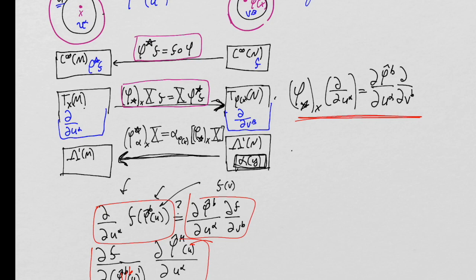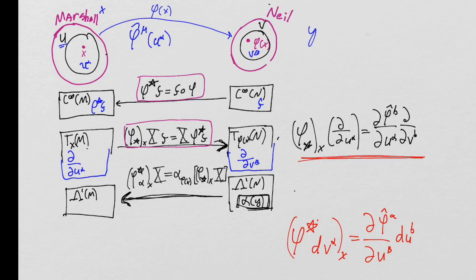All right, so can we do the same for pulling back? This formula here will yield the pushforward of a basis vector in the cotangent space, or the cotangent bundle, or the section. Basically, what I'm saying is here, alpha, which is the form field on Neal, is just dv alpha, right?